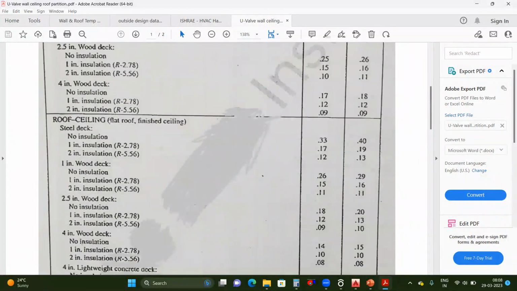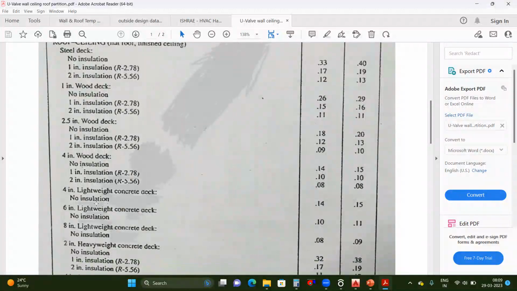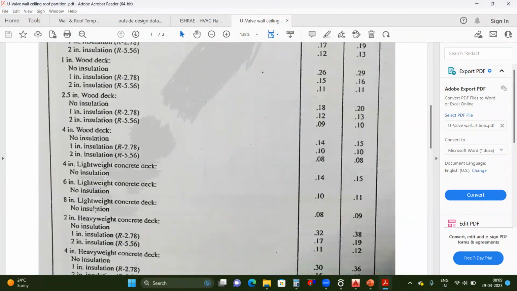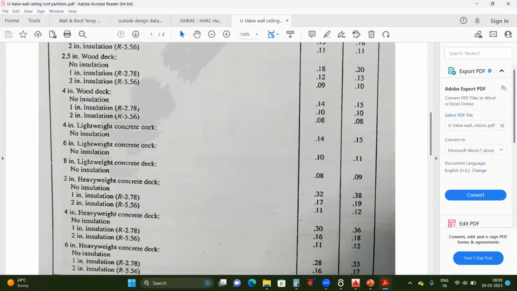This is the roof or ceiling values, that is flat roof or finished ceiling. Our roof is made up of concrete, so that will be almost an 8-inch lightweight concrete deck. So I will take this 8-inch lightweight concrete deck value, that is around 0.08. Okay.